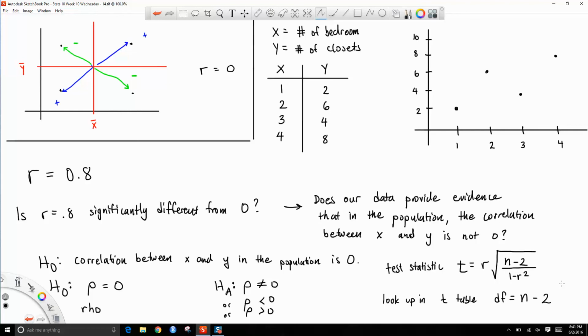So we can only start to ask whether the correlation is significant when there are more than two data points. Let's try this out for our test, and we might ask the question: does our data provide evidence that the correlation between x and y is not 0?